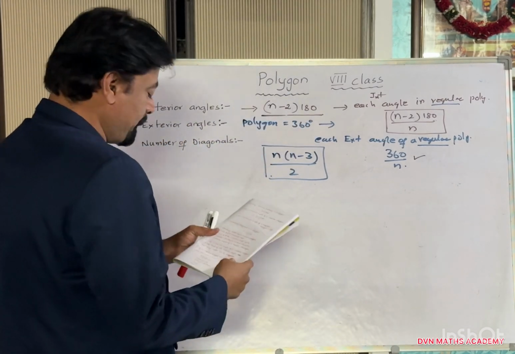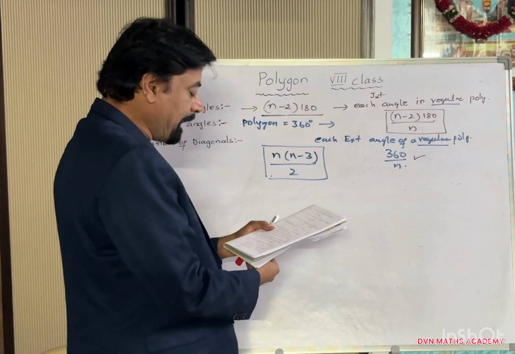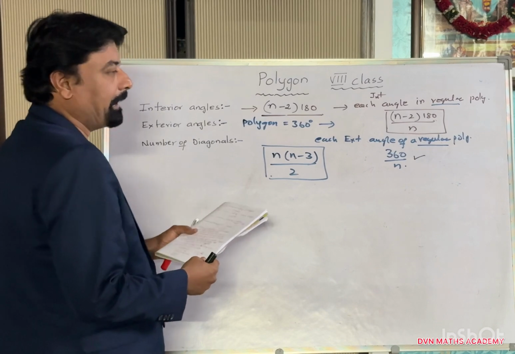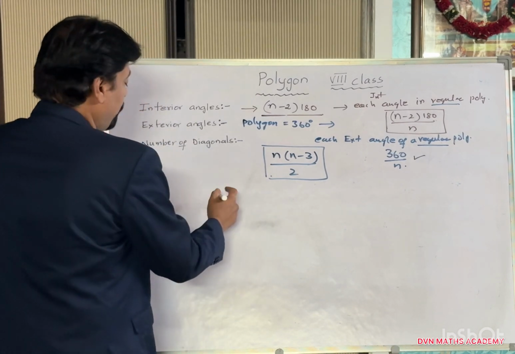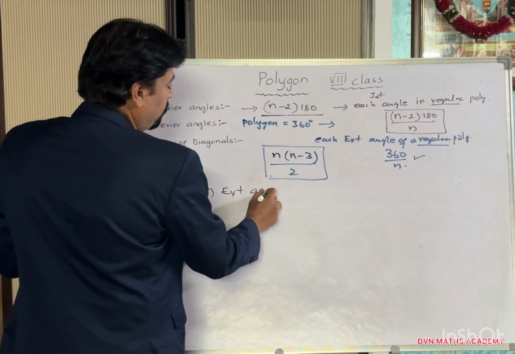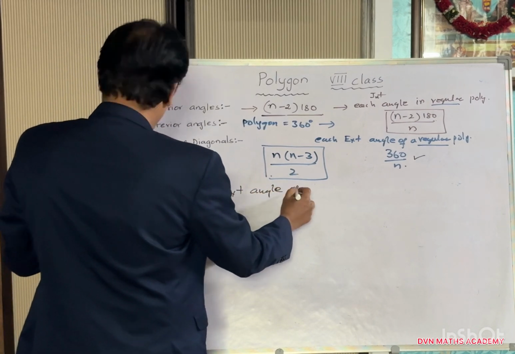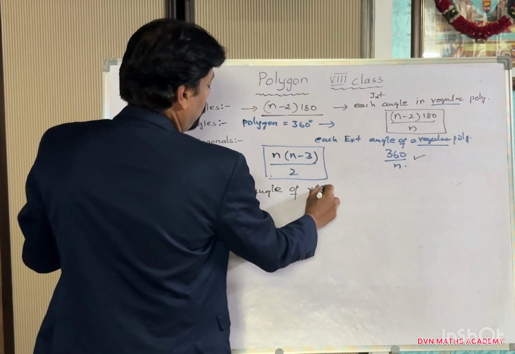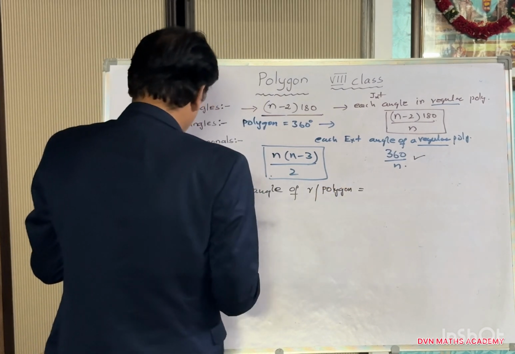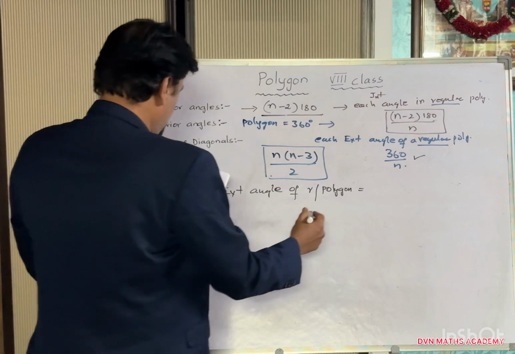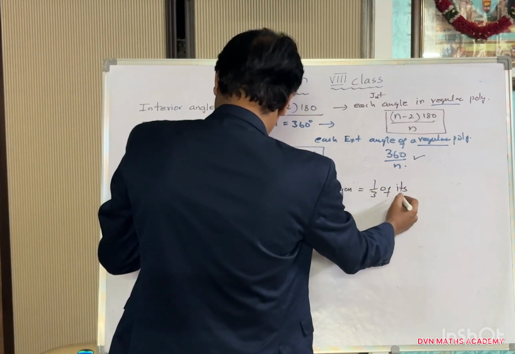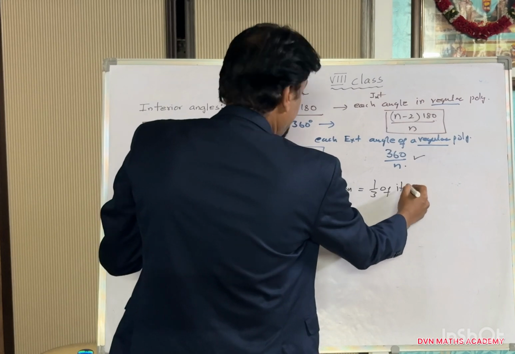My third question is, the exterior angle of a regular polygon is 1/3 of its interior angle.